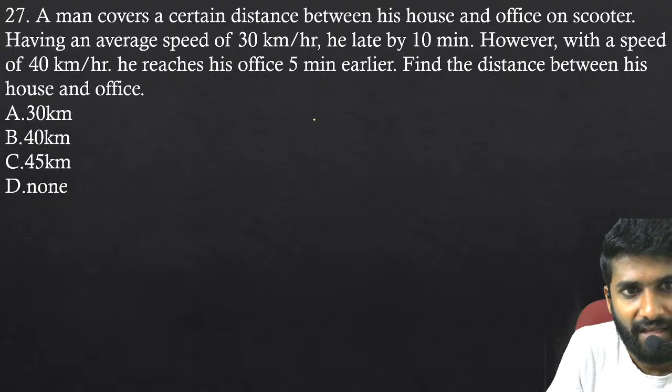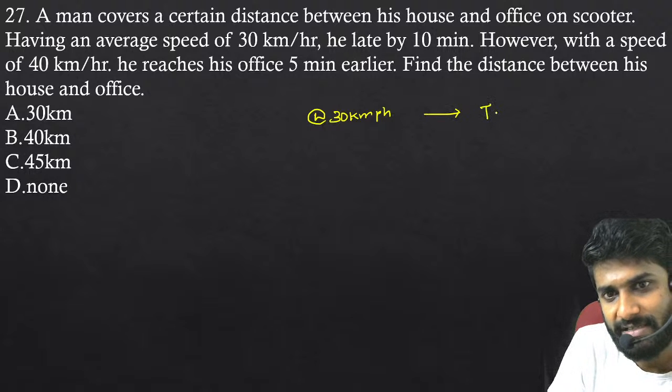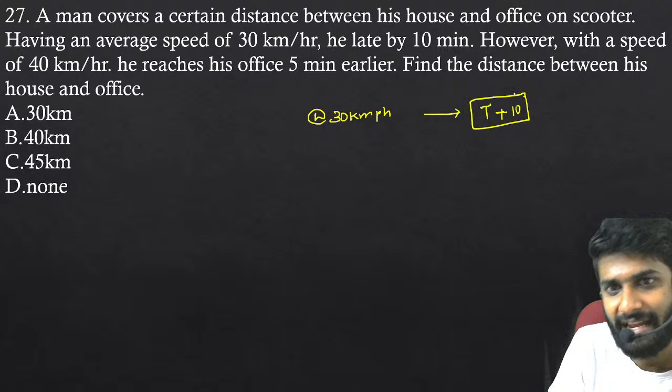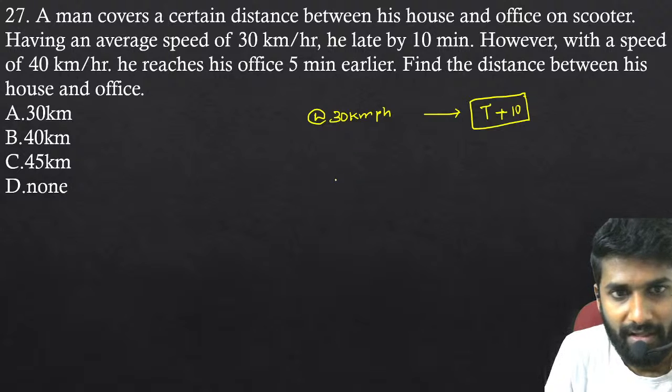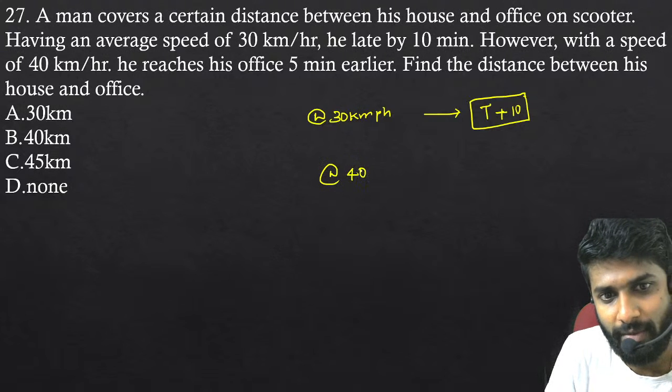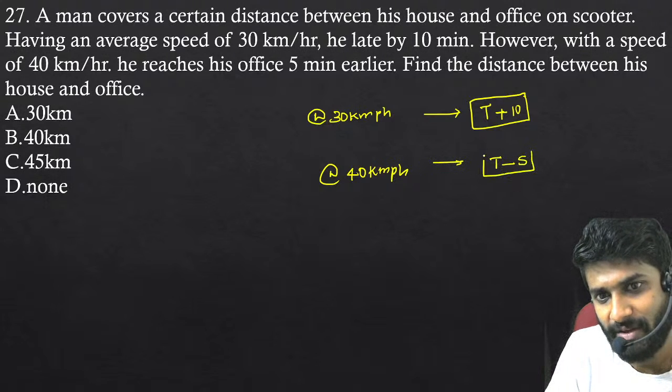Just see guys, if he travels 30 km per hour, he reaches the office late by 10 minutes, so you can consider the value as t plus 10, not t minus 10. Then if he travels at 40 km per hour, he reaches 5 minutes earlier, which you take as t minus 5. So this is in terms of minutes.